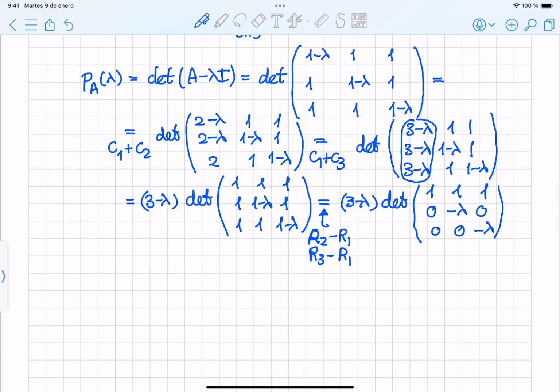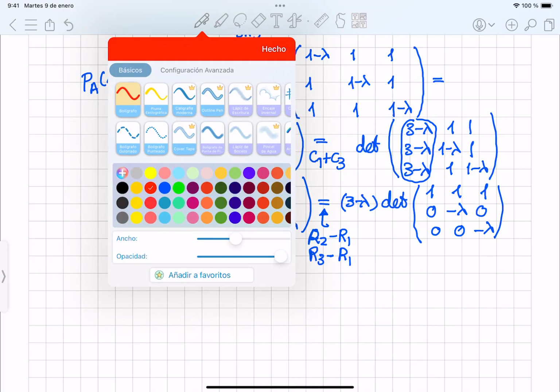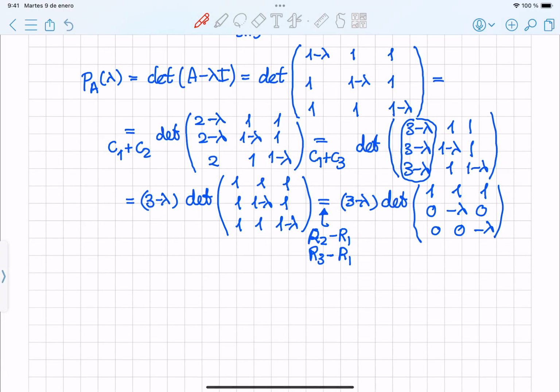Once you are here, you can use a trick, or you can develop the determinant by using other techniques. But it is clear that when you have what is called an upper triangular matrix, which is this case, observe that below the main diagonal, which is the 1, minus lambda, minus lambda, everything is 0.